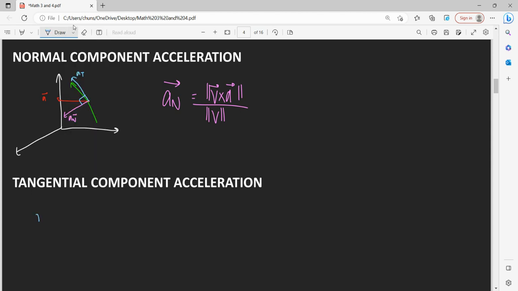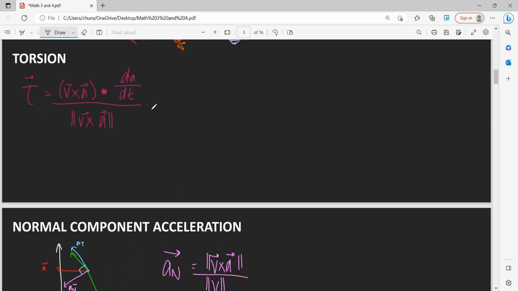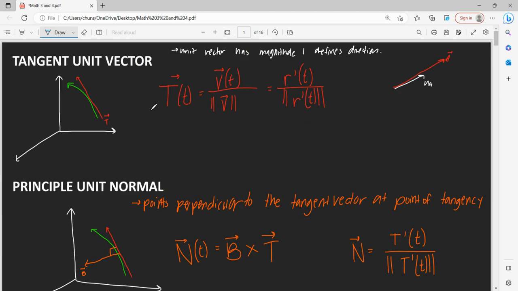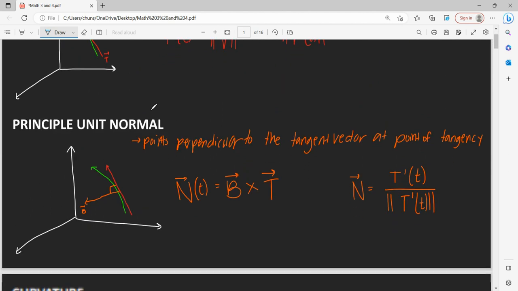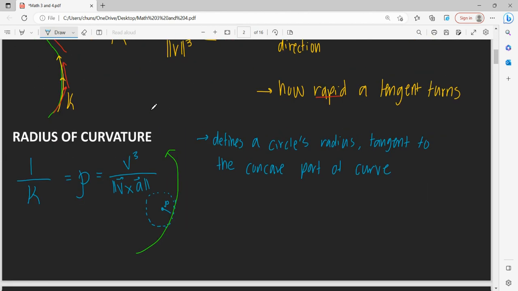In that same vein, the one we use for the tangential component of acceleration is V dot A over speed. So there you have it. That's 8 different equations that we can use to describe motion on a space curve.